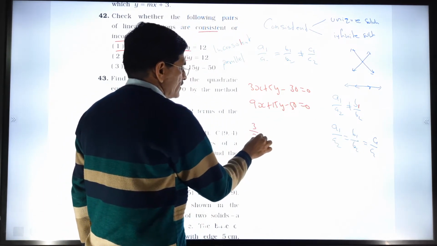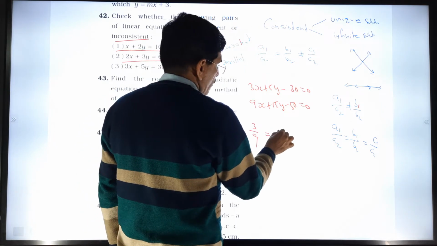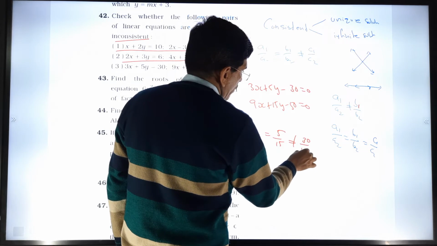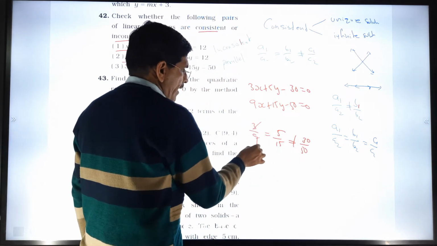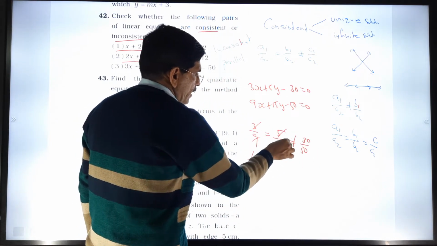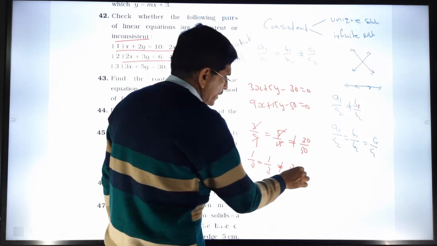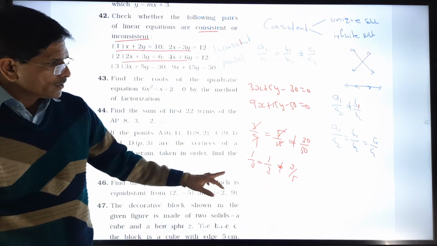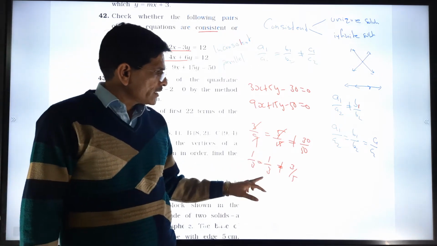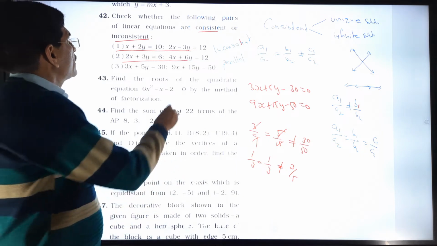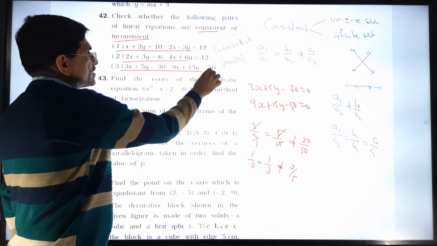Now I write 3 upon 9 is equal to 5 upon 15 not equal to 30 upon 50. So 1 by 3 we can write here, again 1 by 3, 1 by 3 not equal to minus 3 by 5. That is why it is inconsistent.